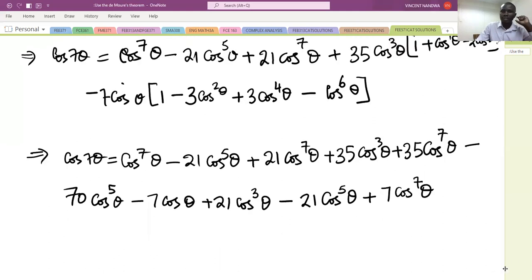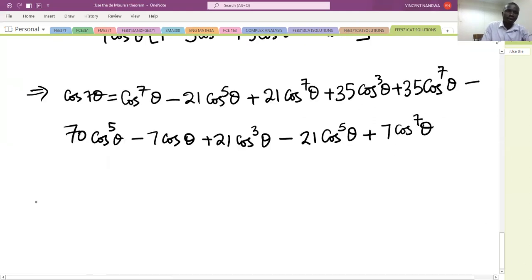Now collecting like terms, it implies that for cos 7 theta, those with power 7, we have this 1, coefficient of this one is 1 plus, this one is 21, this one is 35, then this one is 7.